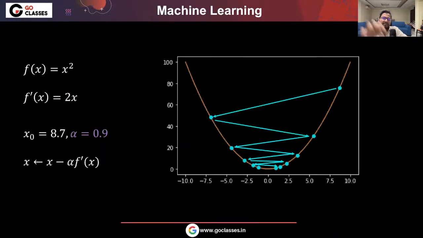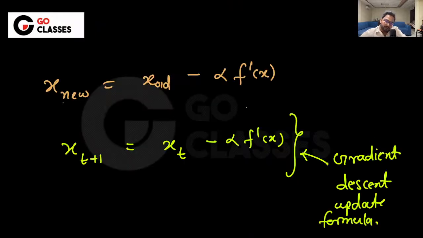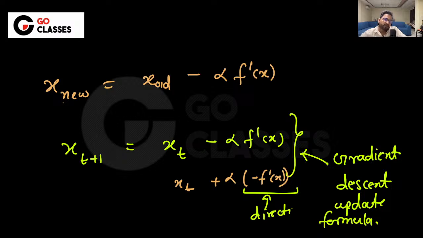Now basically what I'm saying here is that if the alpha is larger, then your new xt will be fluctuating. I mean, it is basically how much to go in that direction. See, this is the direction, alpha into minus f dash x, right? I have not taken the unit vector.